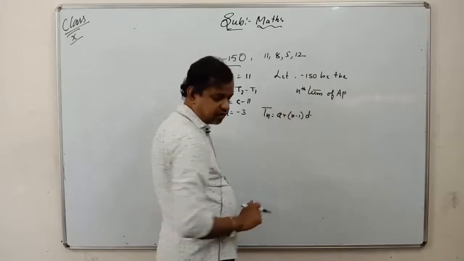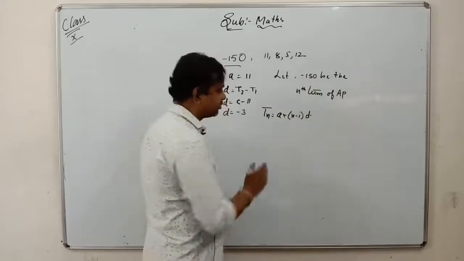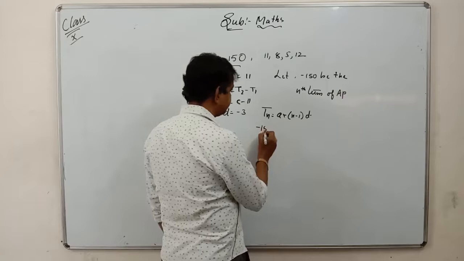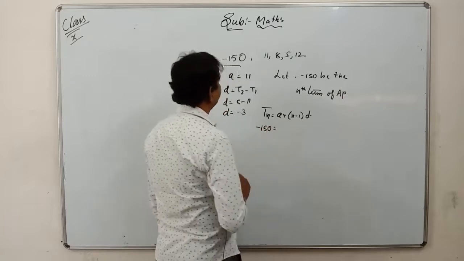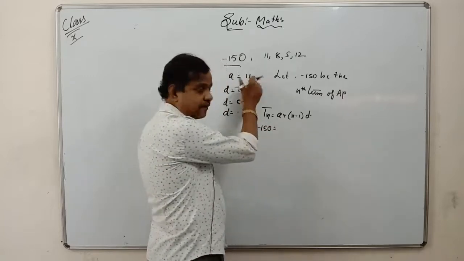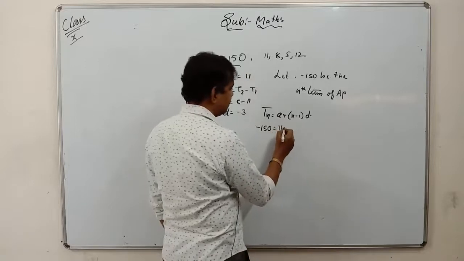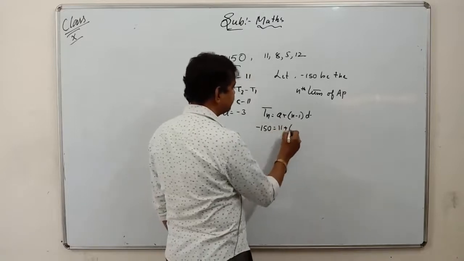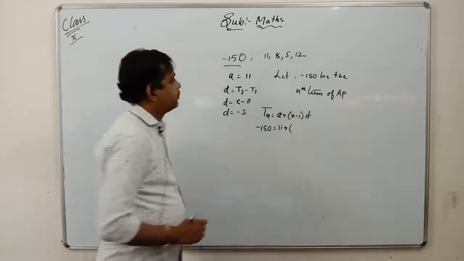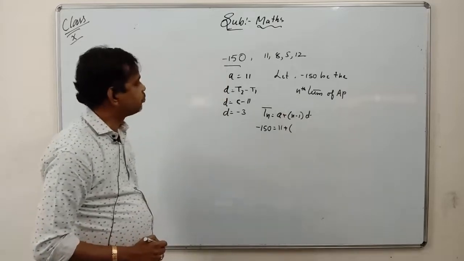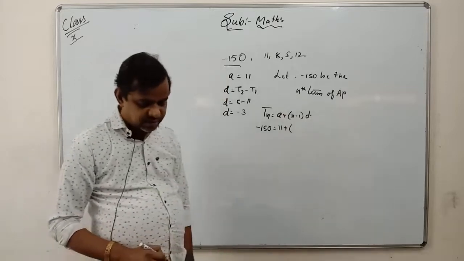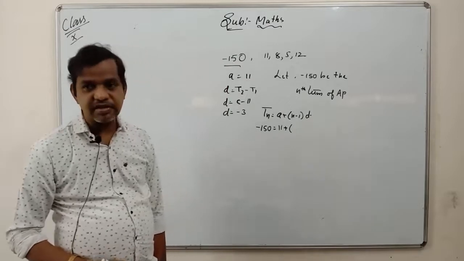Nth term he has given how much here? Nth term he has given minus 150 equals to, what is the first term? First term is 11 plus, nth term. What is nth term he has given there? He has not mentioned nth term here.